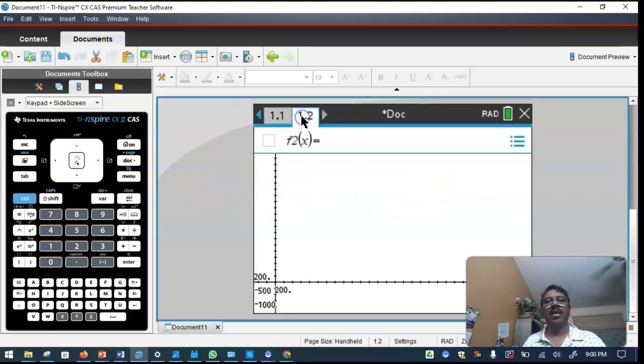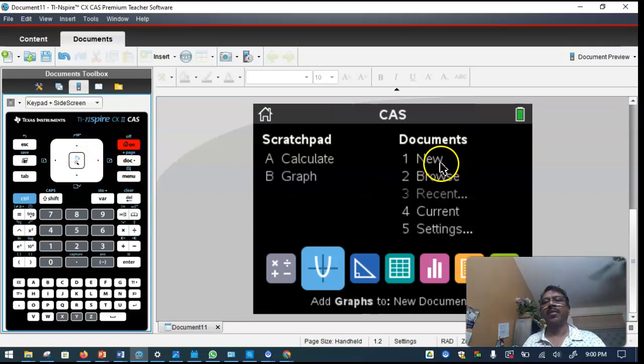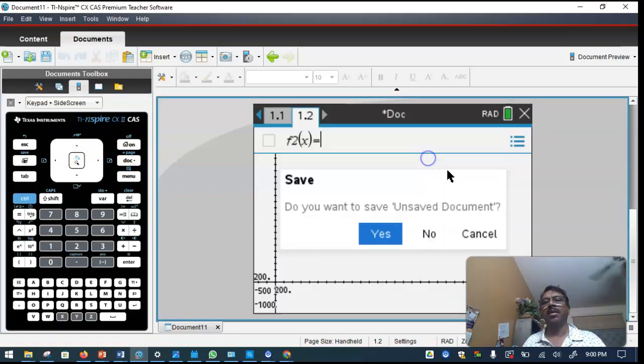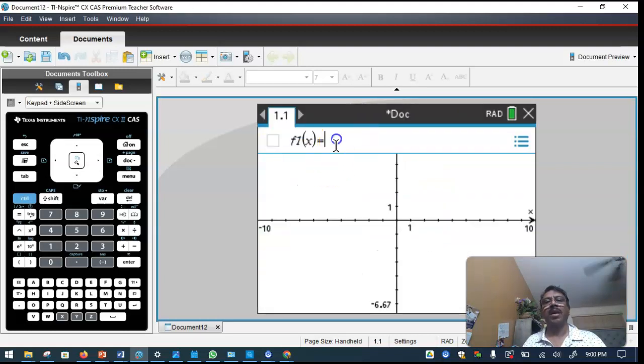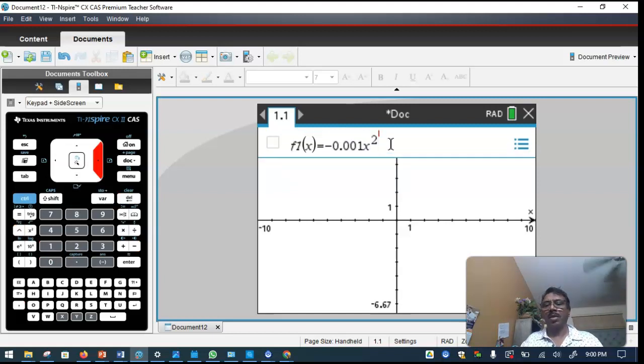Let's see if we want to graph this. I'll take a new one to avoid confusion with the old one. Go to new, save no, take a graph and plug it in. So minus 0.001 x to the power 2, then plus 5x, and then minus 1,900.